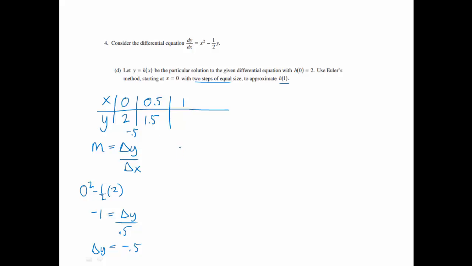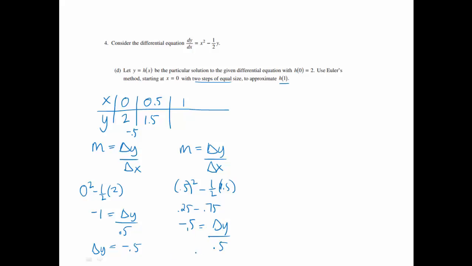Okay, so for my next step, again, we'll have m equals delta y over delta x. We're going to plug our new point into the derivative, so we're going to get 0.5 squared minus 1/2 times 1.5, sorry. And if we figure that out, that's going to be 0.25 minus half of 1.5, which is 0.75, so 0.25 minus 0.75 will be negative 0.5 equals delta y over our step size again, which is 0.5.